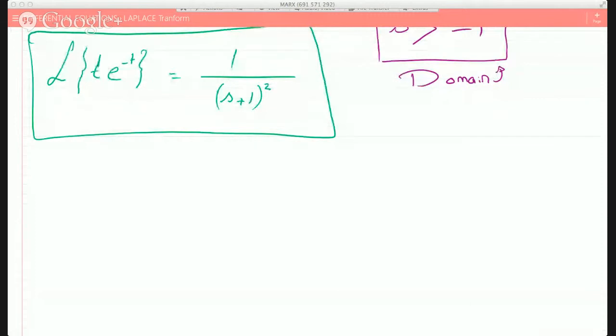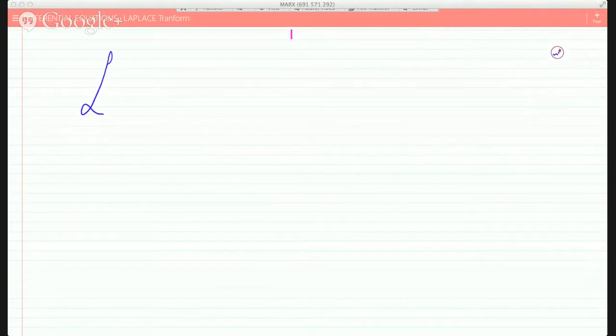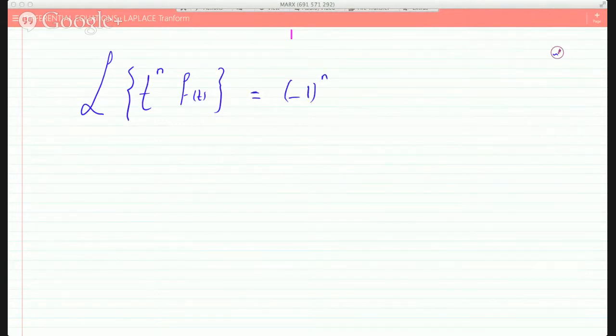Oh, so it's the nth derivative, whatever the power is, of the Laplace of it to the first power. Yeah, this is saying the Laplace of t to the n times f of t is just equal to (-1) raised to the n, and then you take the nth derivative with respect to s.